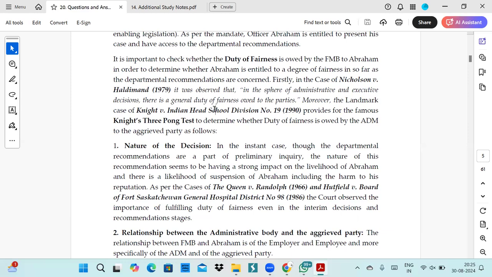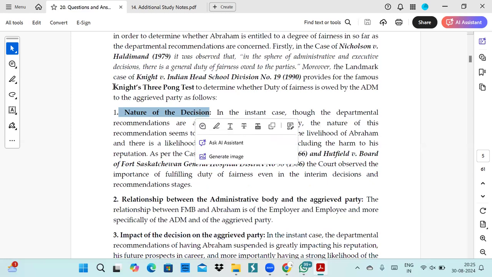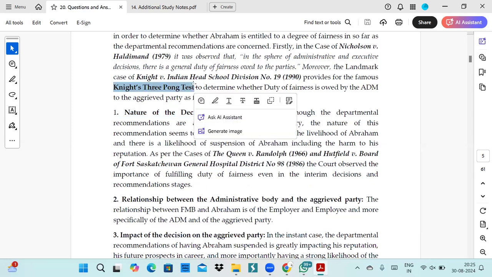So when you mention duty of fairness, it means required. Yes, this was required, and procedural fairness was not given. Whether it is required and not given, that is what we are going to check in the Knight 3-prong test.